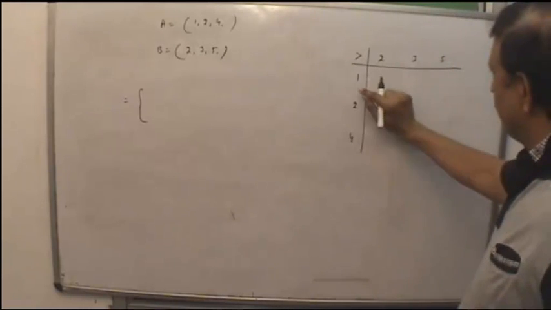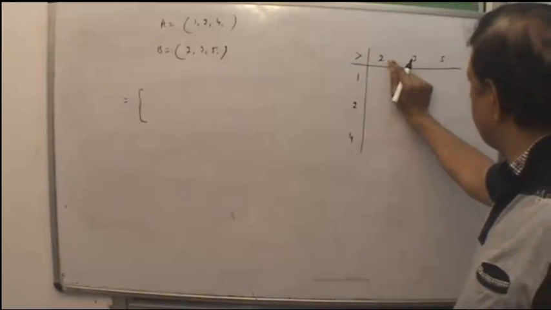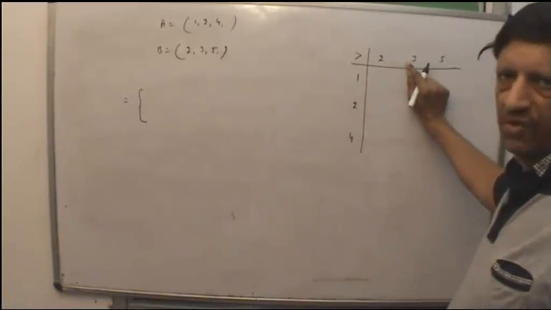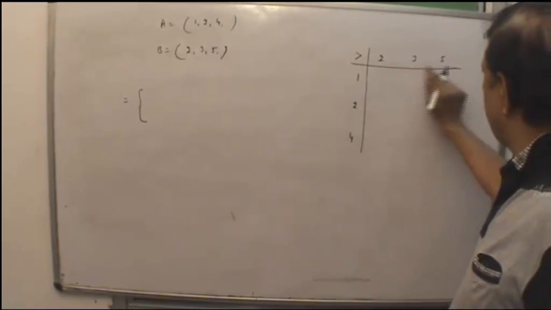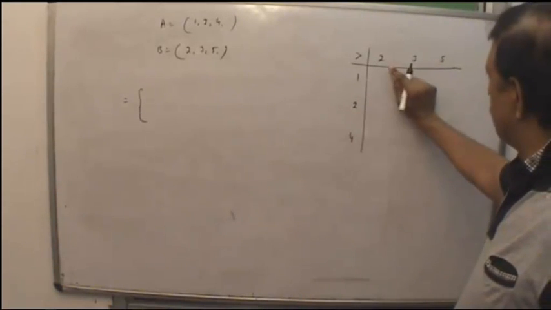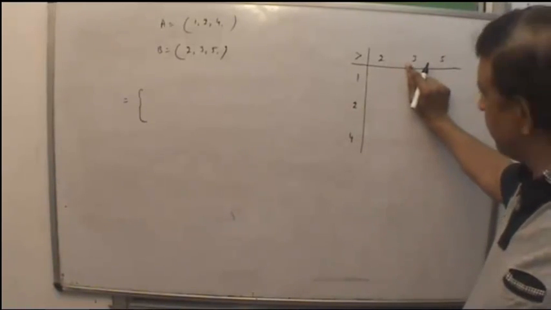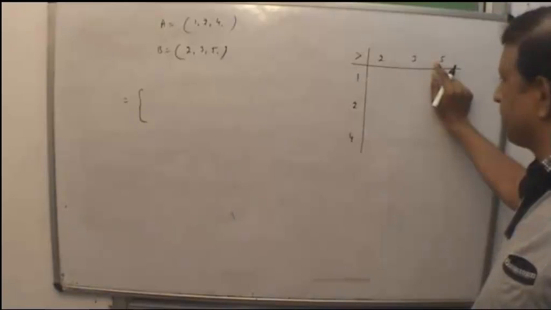See, 1,2: 1 is not greater than 2, we don't consider. 1,3, we don't consider. 1,5, we don't consider. 2,2, we don't consider. 2,3, we don't consider. 2,5, don't consider because 2 is less than 5.